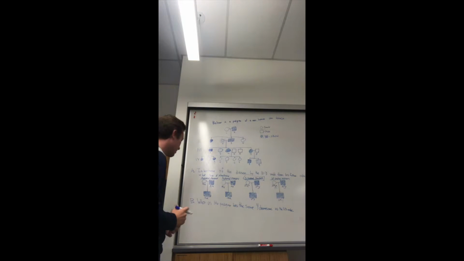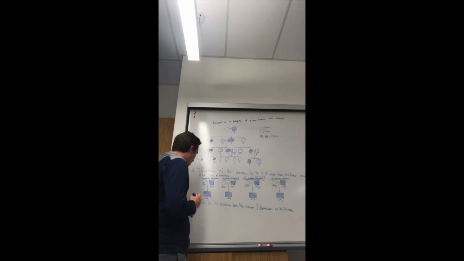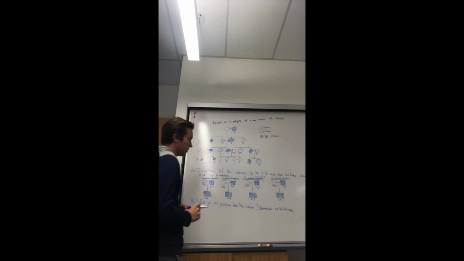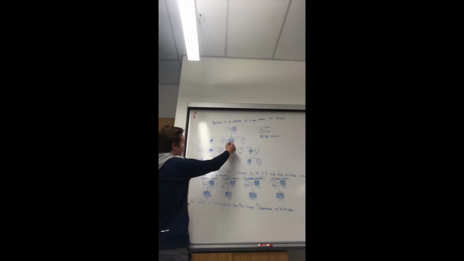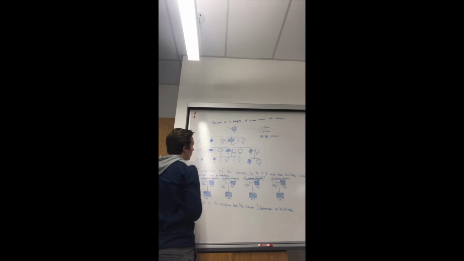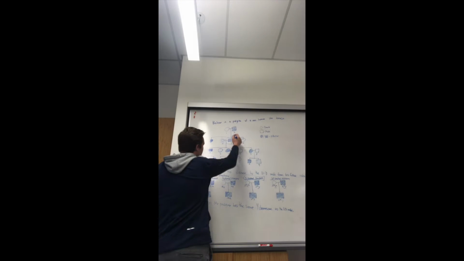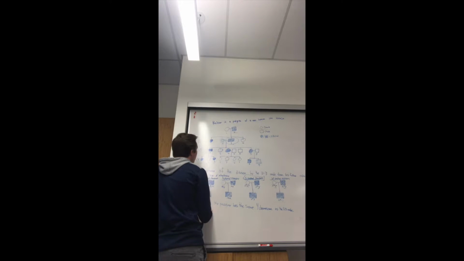Okay, great. And then who in the pedigree has the same Y chromosome as the 113 male, which is right here? All right. And so in this case, all of the males that are directly related to it will have the same chromosome. So this one, its father will pass it down. So that's 1, 2.